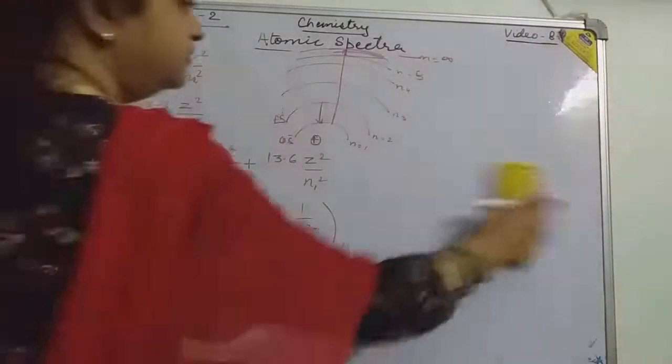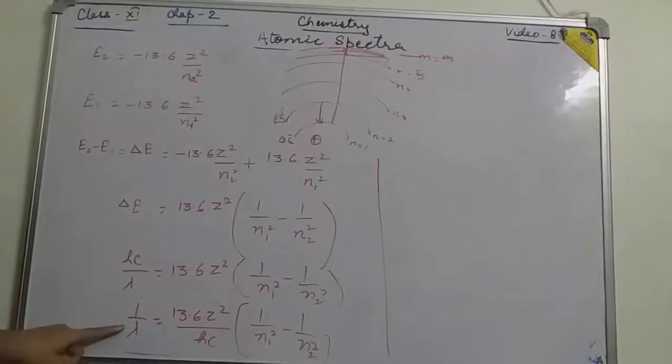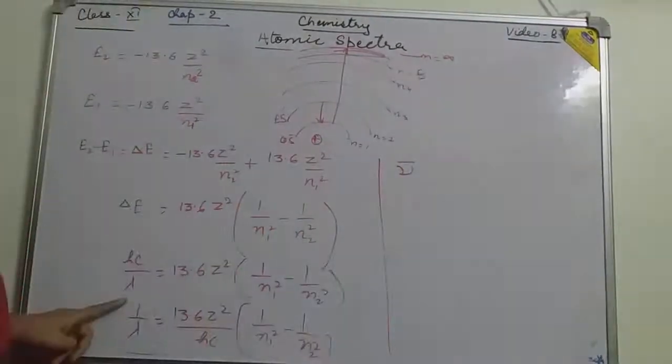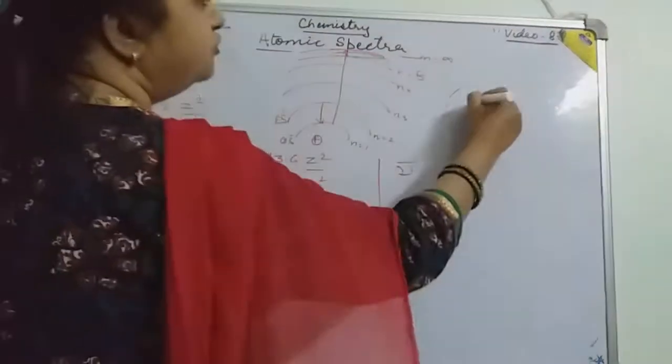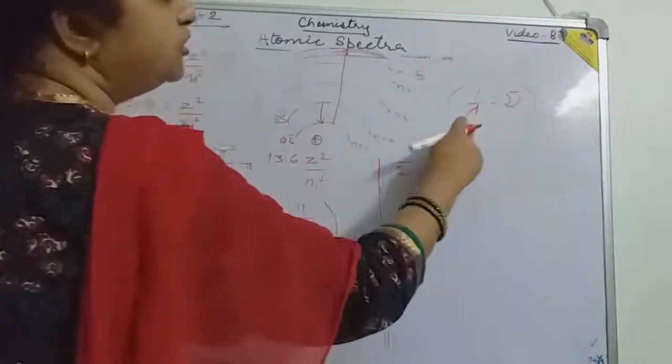Or we can write 1 by lambda is equal to wave number. Wave number is reciprocal to lambda.